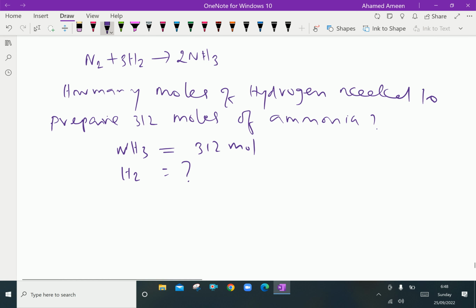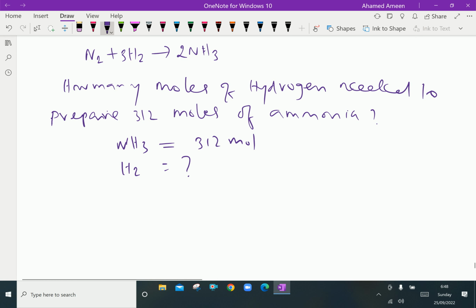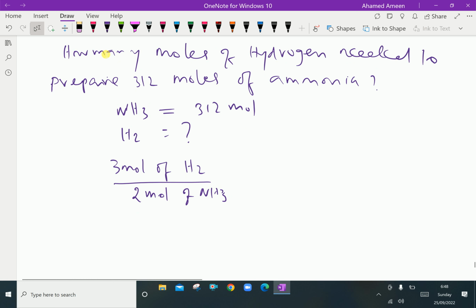That means the mole ratio must cancel out. Look here, from this equation, 3 moles of hydrogen, 3 moles of H2 over 2 moles of NH3. Therefore, this is the equation.